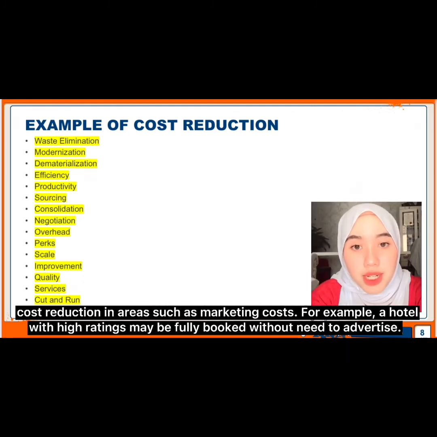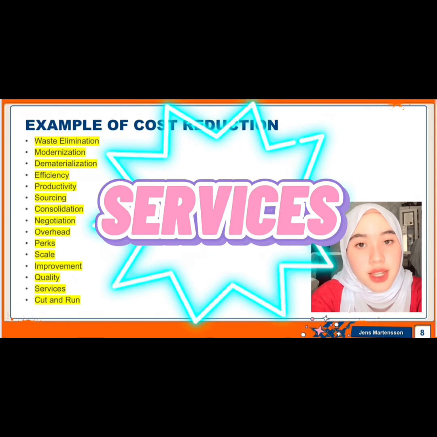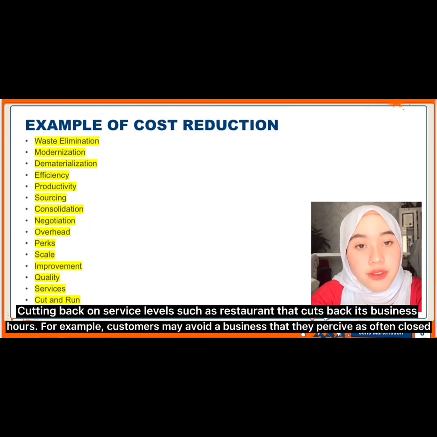For example, a hotel with high ratings may be fully booked without the need to advertise. For service, cutting back on service levels, such as a restaurant that cuts back its business hours. This can also backfire. For example, customers may avoid a business that they perceive as often closed.